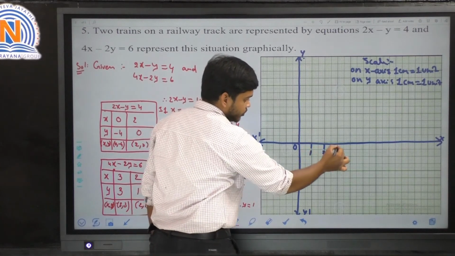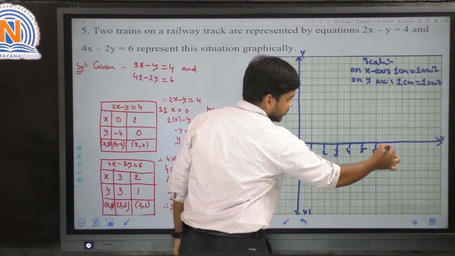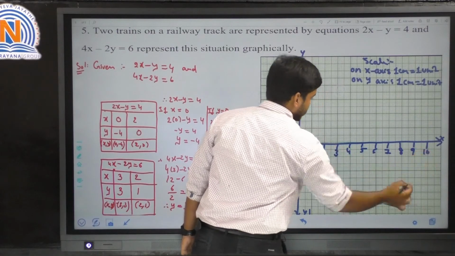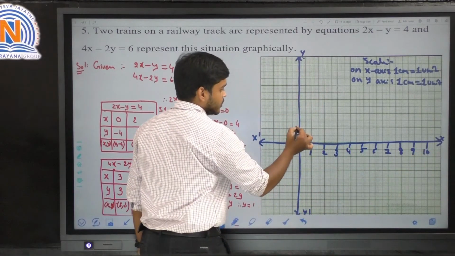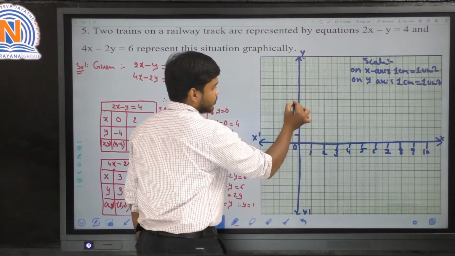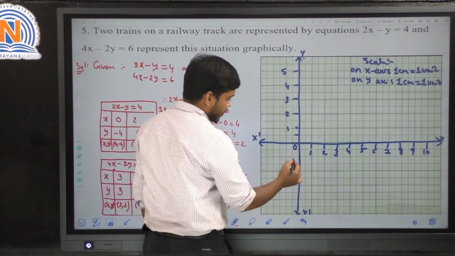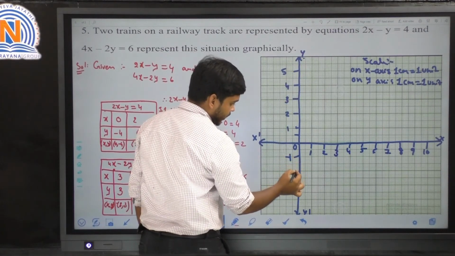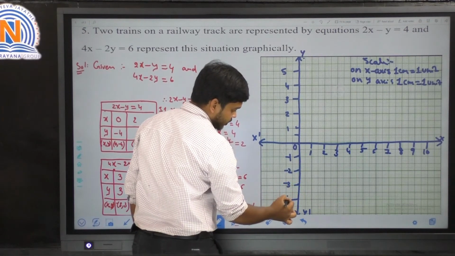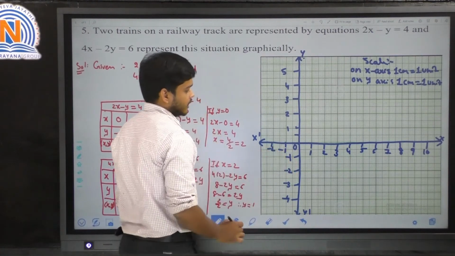Now 1, 2, 3, 4, 6, 7, 8, 9, 10 on the positive x-axis, and positive y-axis 1, 2, 3, 4, 5, and negative y-axis -1, -2, -3, and -4, and negative x-axis -2.